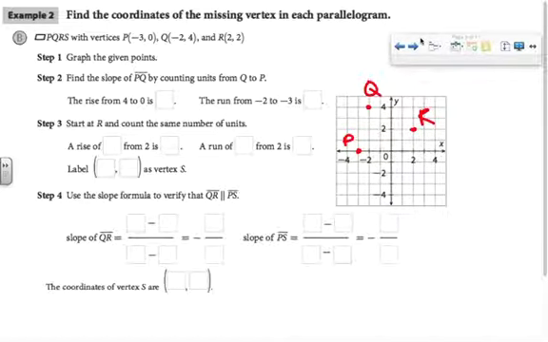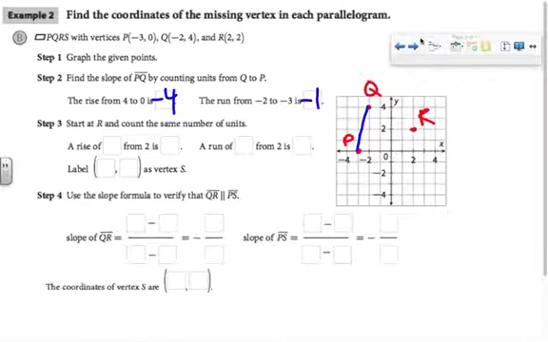So I'm going to count the slope of PQ so that I'm counting from Q to P, because eventually I'm going to be counting from R to S. So from Q to P, that is a rise from 4 to 0. That's a rise of -4 because I'm going down from Q to P. And then the run from Q to P is -1.